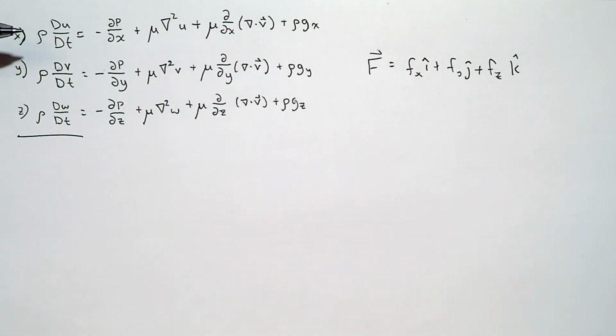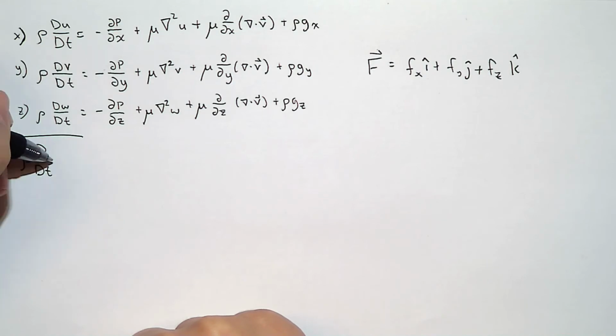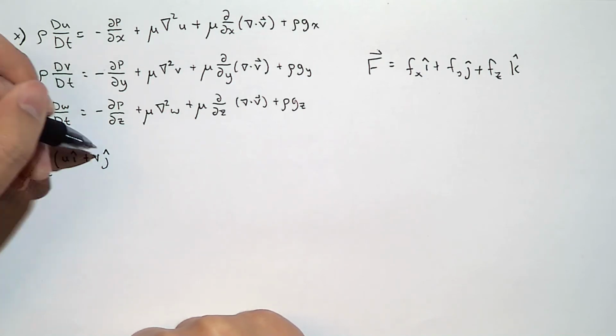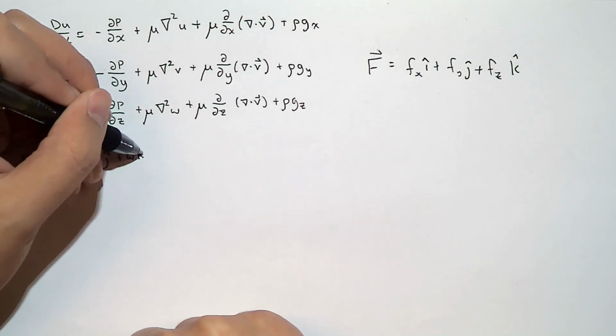If I were to add rho du/dt i plus rho dv/dt j plus rho dw/dt k, what do these three terms have in common? Is there anything that I can start to factor out? Rho. And what else? D/dt. Exactly, the material derivative. So I get rho D/Dt of ui plus vj plus wk.